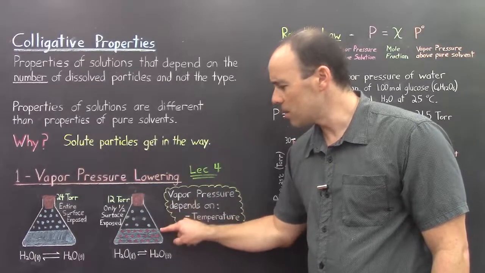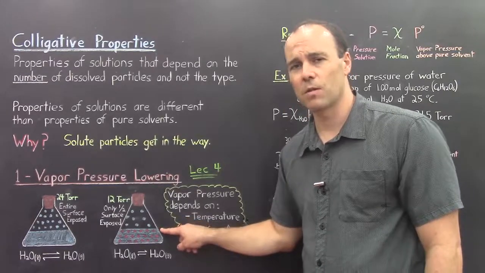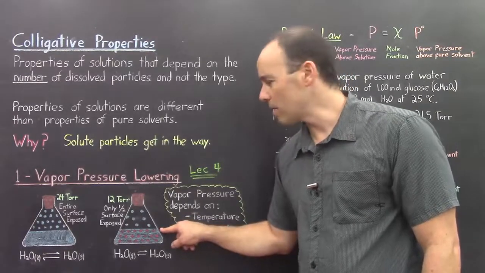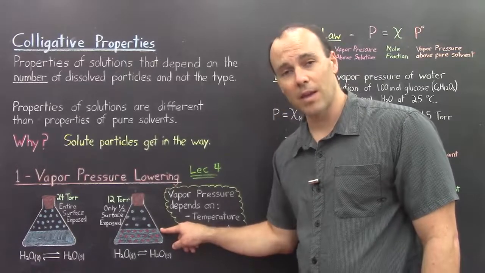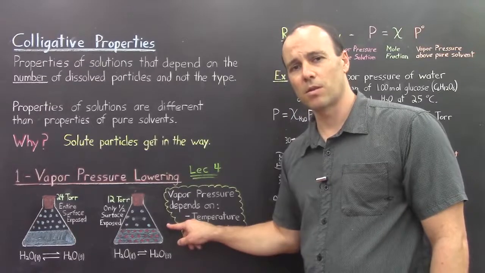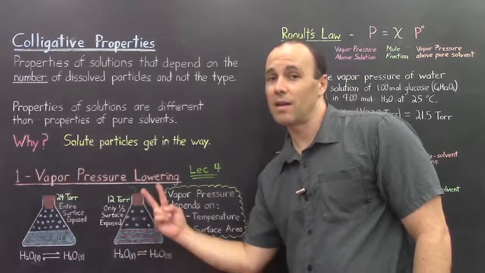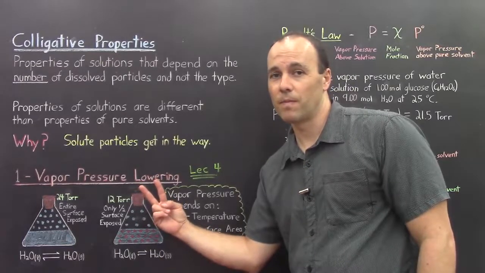And since it's distributed along the surface, it's actually blocking some of the surface. And whereas water would normally have access to those areas, it no longer has access to those areas on the surface. And so the rate of vaporization is now less than what it was before.